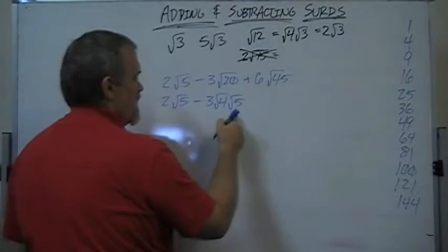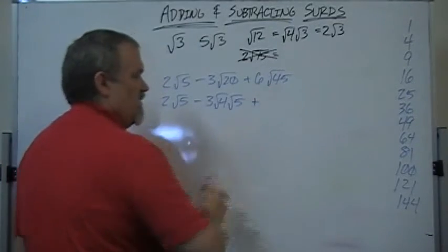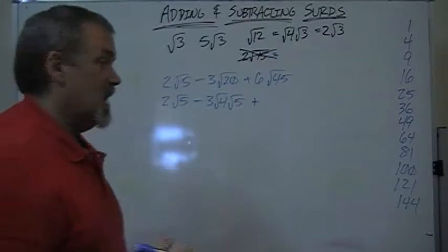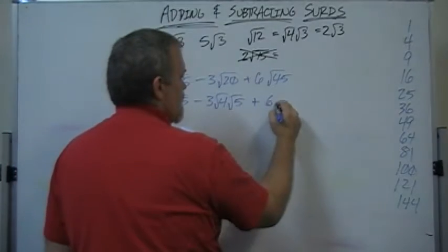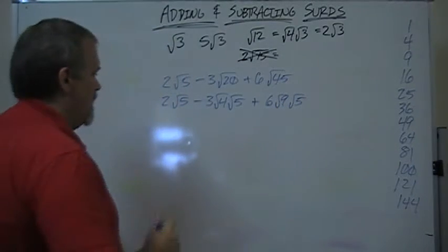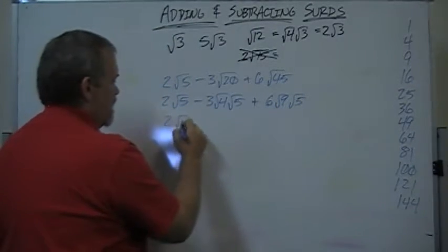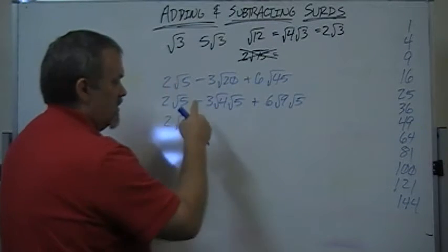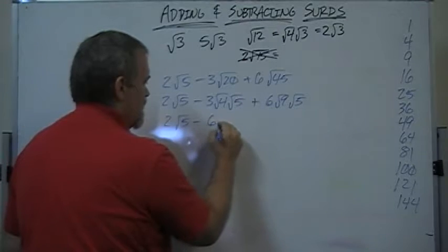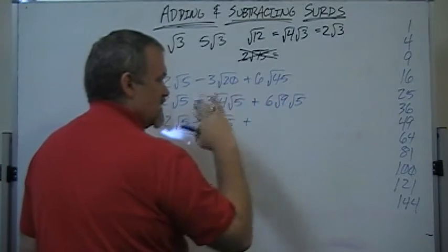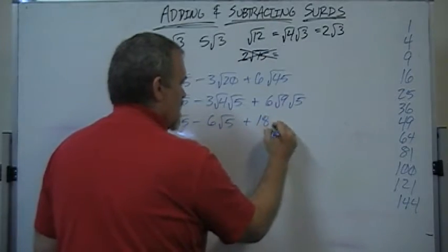3 times root 4 times root 5 plus, what about 45? What can I divide out over there? I can divide out 9. So I get 6 root 9 root 5. Now, 2 root 5 minus, the square root of 4 is 2 times 3 is 6 root 5, plus the square root of 9 is 3 times 6 is 18 root 5.